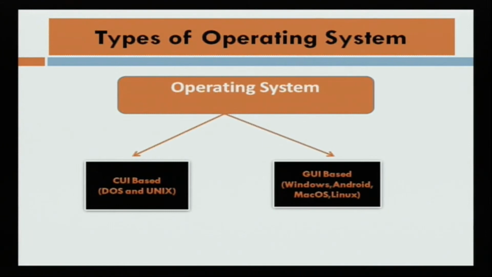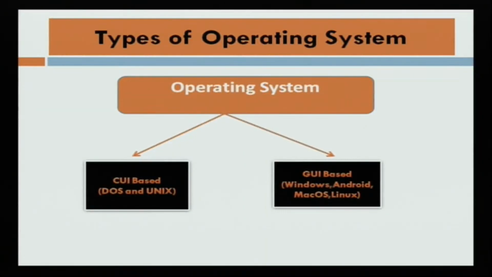Coming to the next slide, now we will discuss types of operating system. Basically, operating system is categorized into two parts. The first one is CUI based operating system and the other one is graphical user interface based operating system. Let's discuss CUI based operating system. In a CUI based operating system, the user has to remember or memorize the commands.